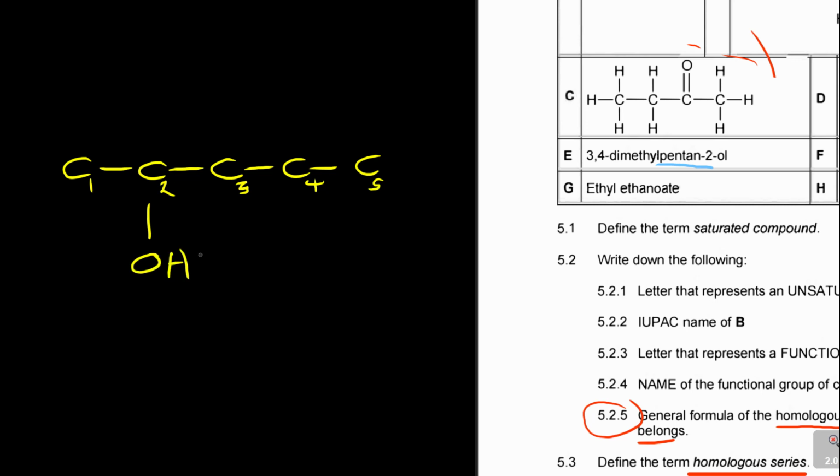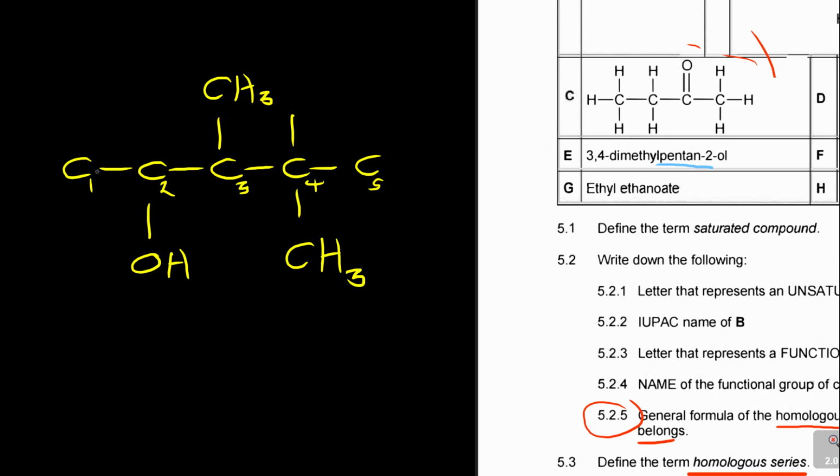That's the pentan-2-ol, and then we are done with the alcohol part. Then 3, 4: here you've got CH3, that's a methyl on 3. Then here again you've got CH3. It doesn't matter whether you put it on top like this, it's still fine, but so that you don't crowd everything, you can do it like that.